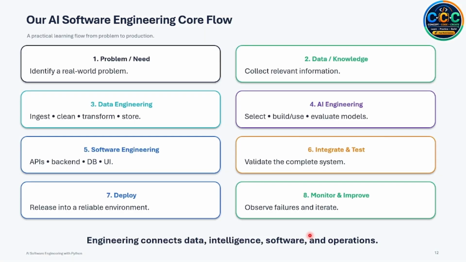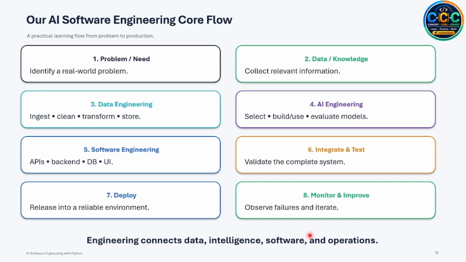As an AI software engineer, you must be capable of identifying the real world problem, collecting the data relevant to that problem, applying data engineering techniques to make the data suitable for training a model, and using AI engineering skills to build an AI model on that data.